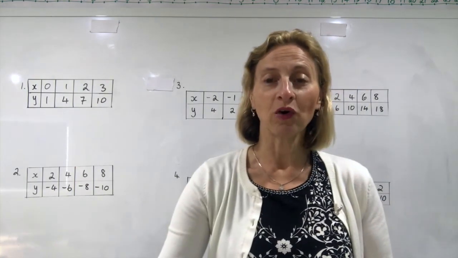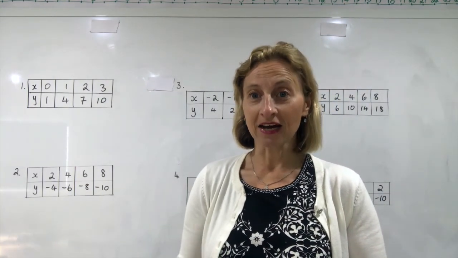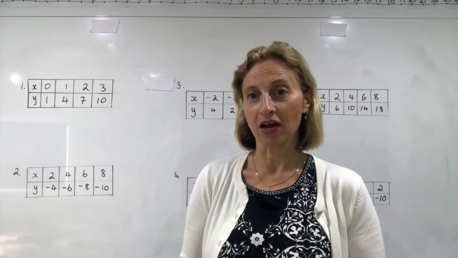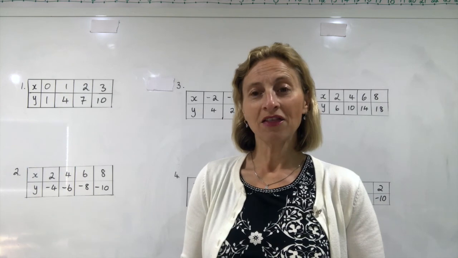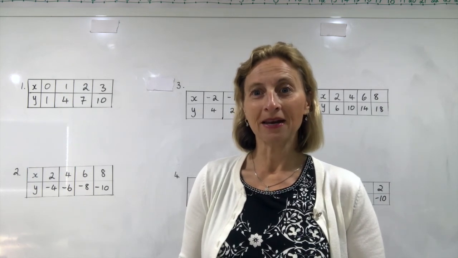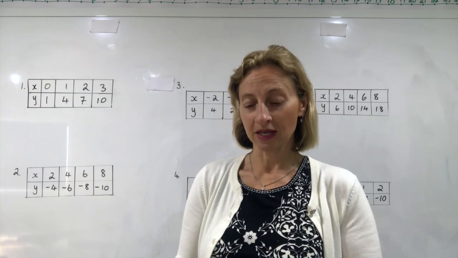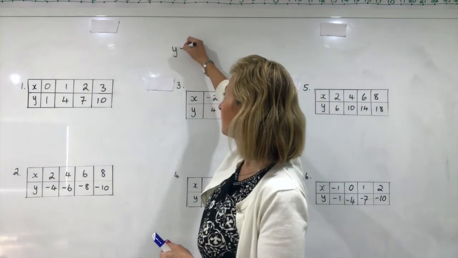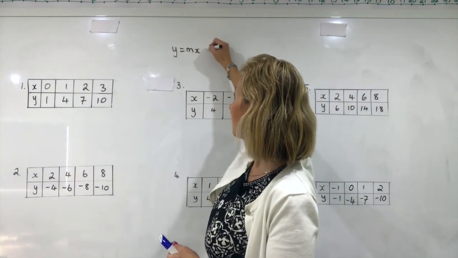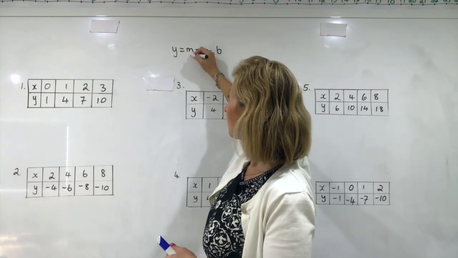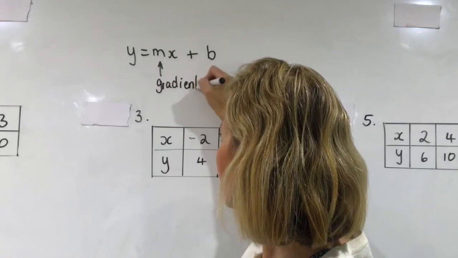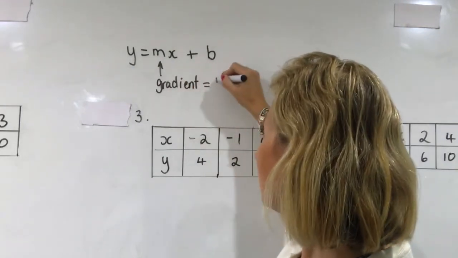And this works for every linear equation, so any equation that is a straight line. If it's not a straight line, there are ways to work it out, but it's a little bit different. Now remember that the equation of a straight line will always be in the form y equals mx plus b, where we know that m is the gradient, which is rise over run.